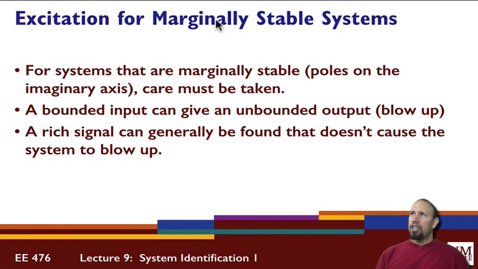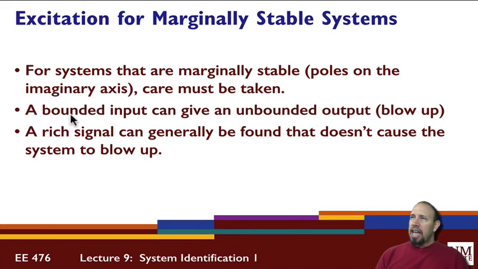Now, what about excitation for marginally stable systems? For systems that are marginally stable, we don't want our system to blow up while we're doing the system identification process, so care must be taken. Marginally stable means that, in the Laplace transform, there are poles on the imaginary axis.